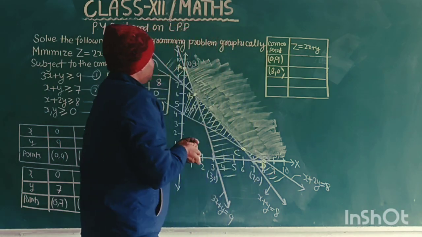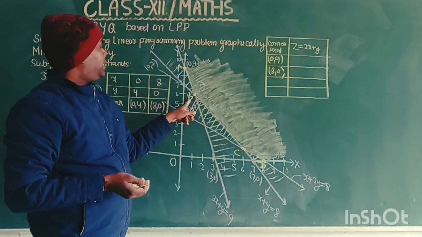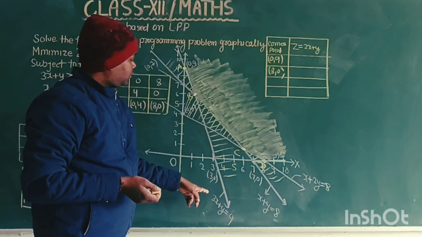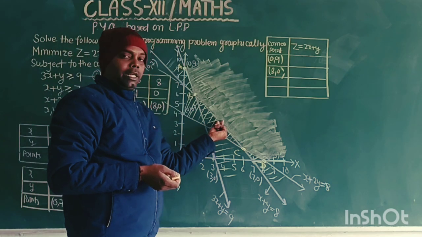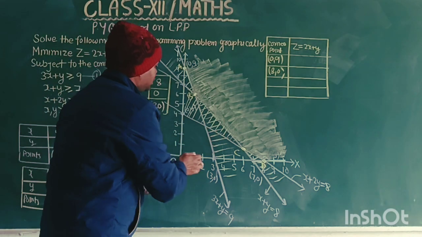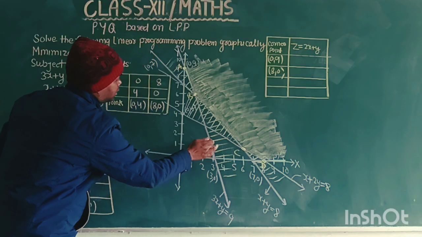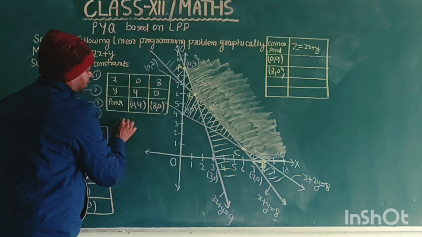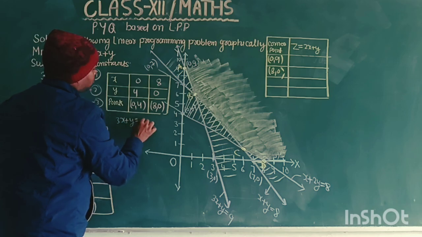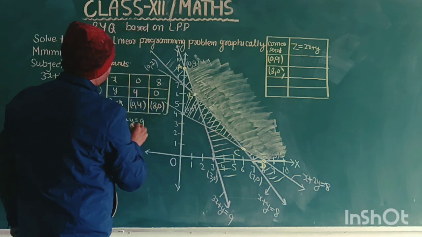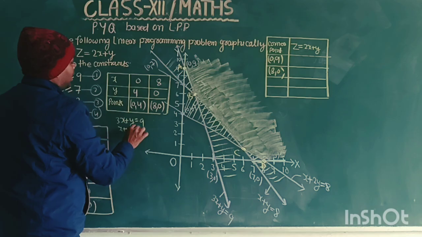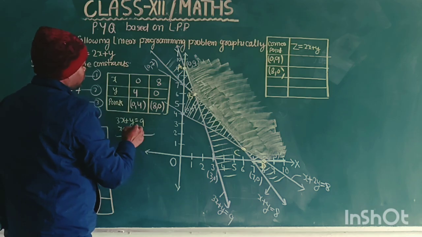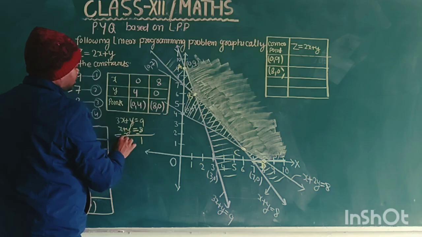Okay. So the point B will be obtained after solving this line equation and this line equation. The equation of this line is 3x plus y equal to 9, and this is x plus y equal to 8. Now solving, minus 1 cancel.